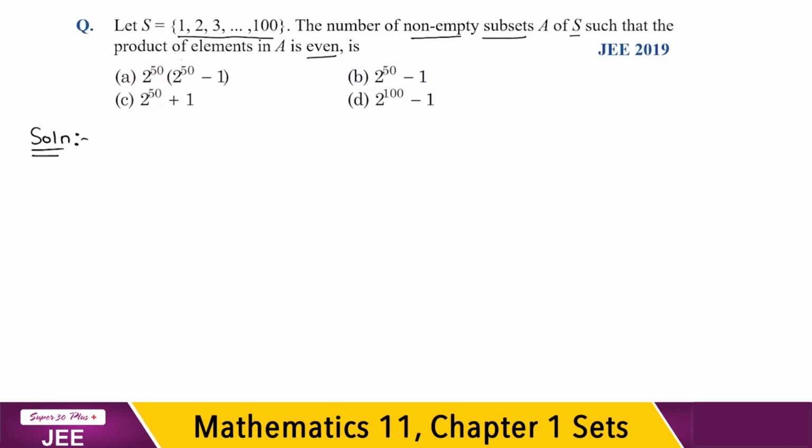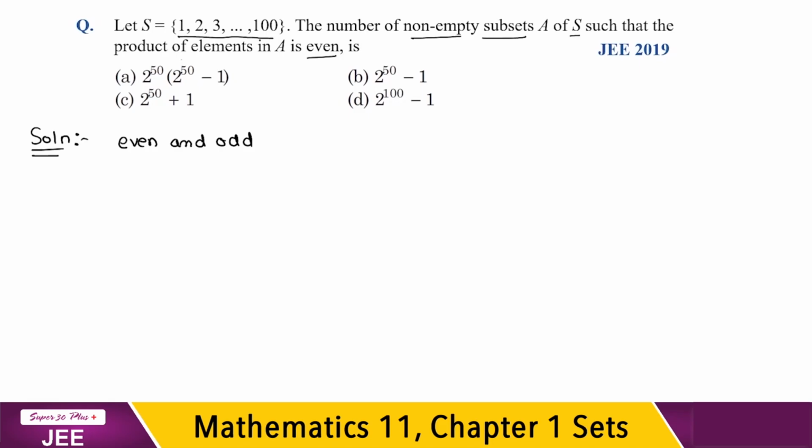Now first of all, we have been asked about non-empty subsets, which means that the null set is not to be taken under consideration because the null set is an empty set, and the subsets must be such that the product of elements in them is even. So if the product of elements is even, then we can say that the elements can be even and odd.